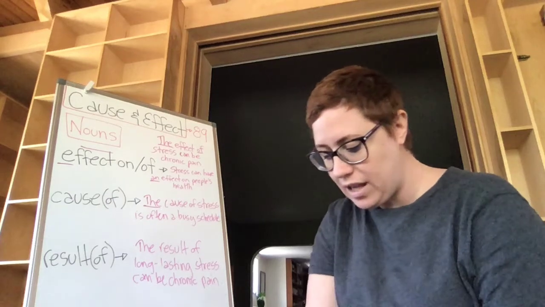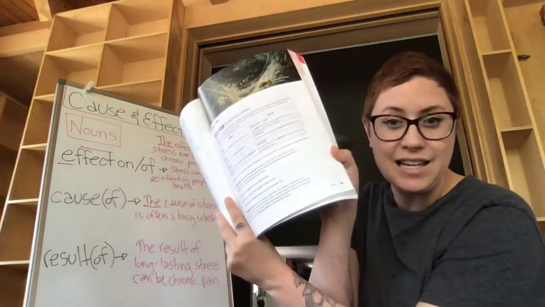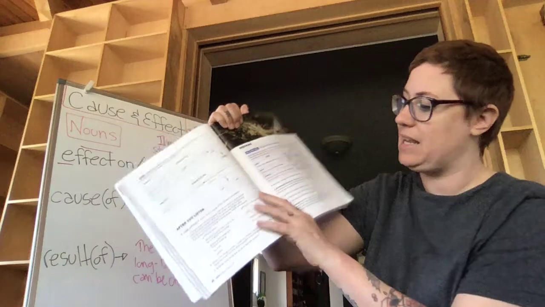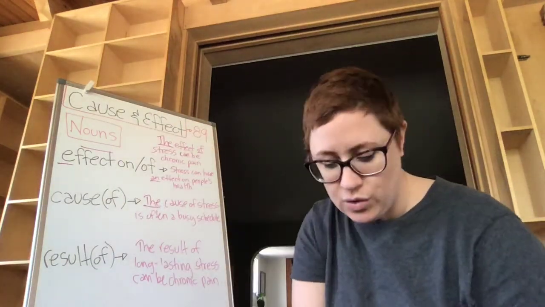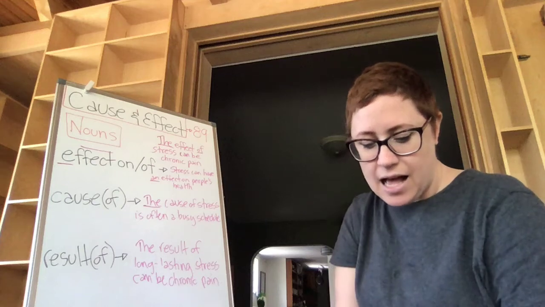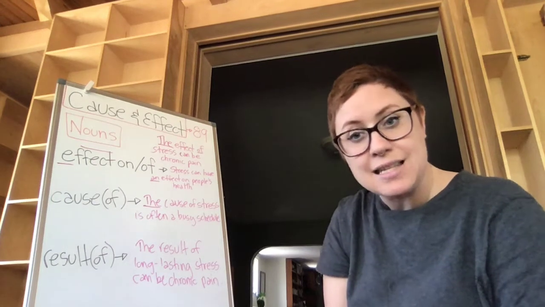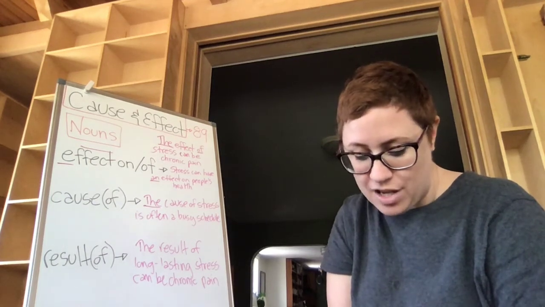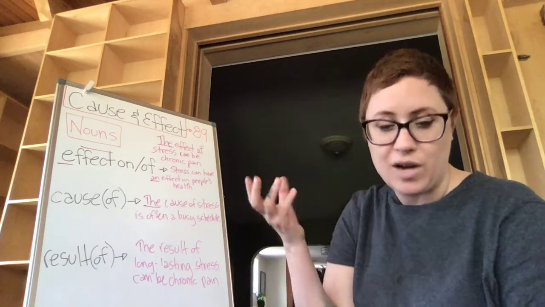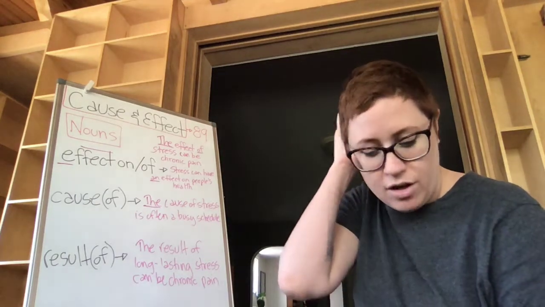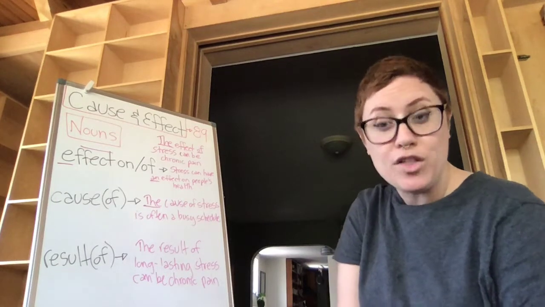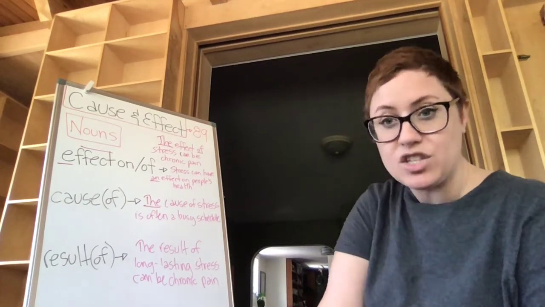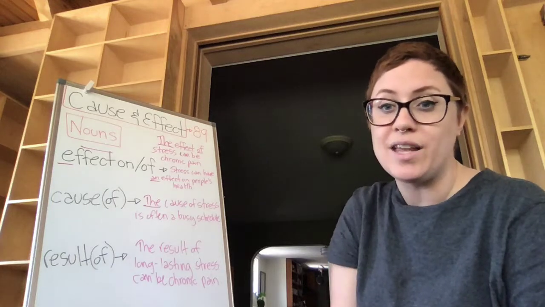Okay, so if you look here on page 89, you can see there is H. And what H wants you to do is take these three sentences and change them using verbs or nouns.